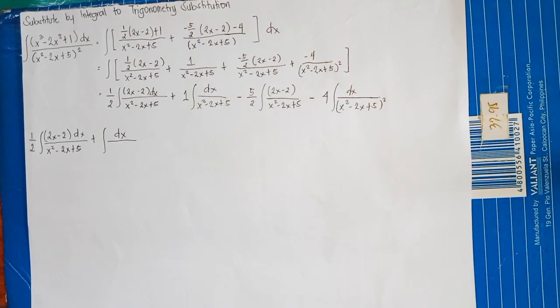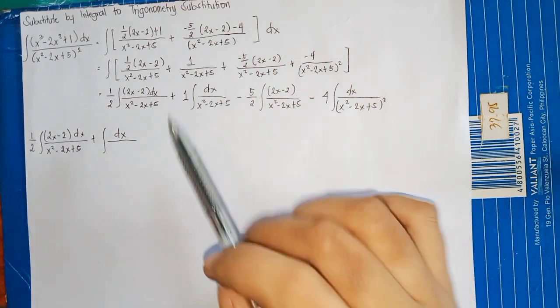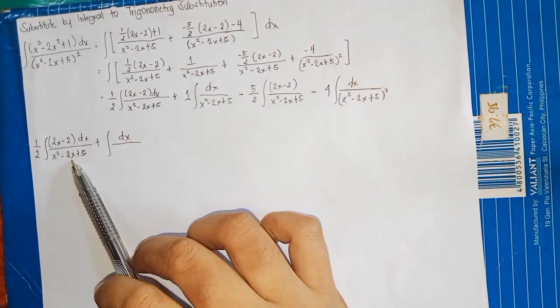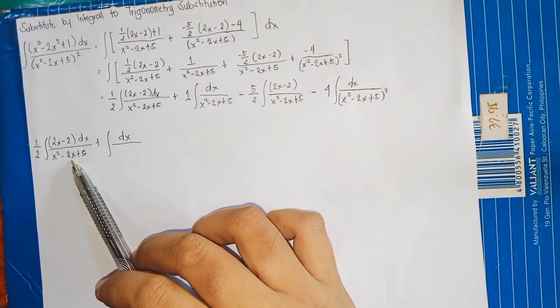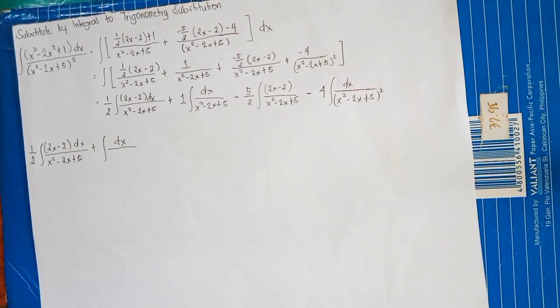So we can see we have here x squared minus 2x plus 5, the denominator. We can decompose that by first finding the third term to complete the square.